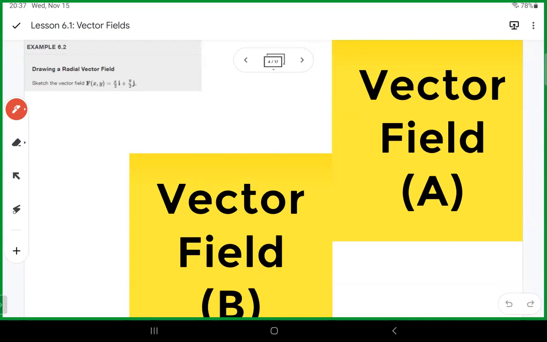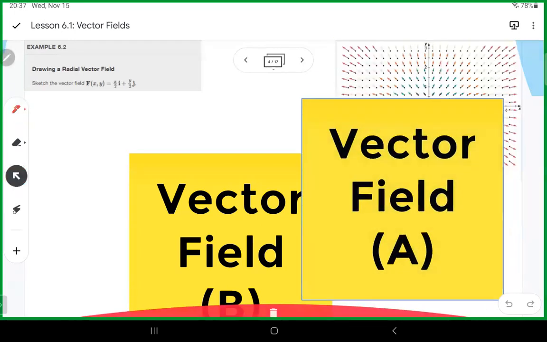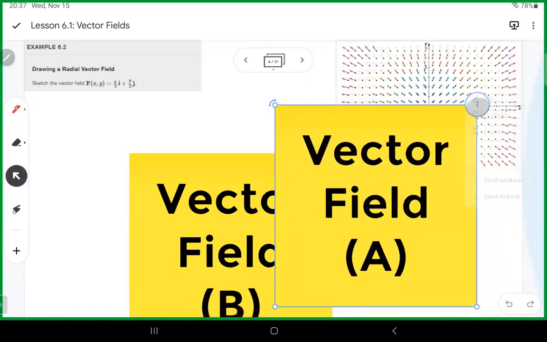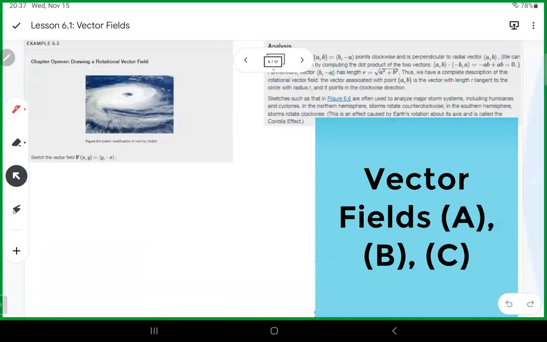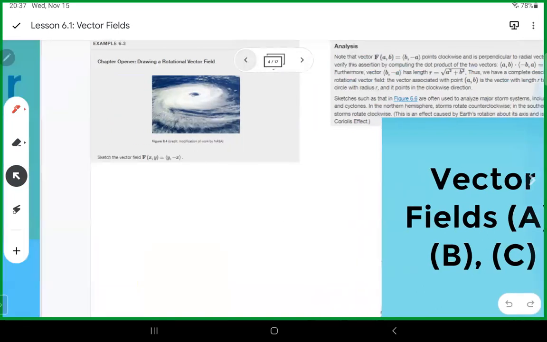So what I'm going to try to do is show you the vector fields. Ah, that's right.